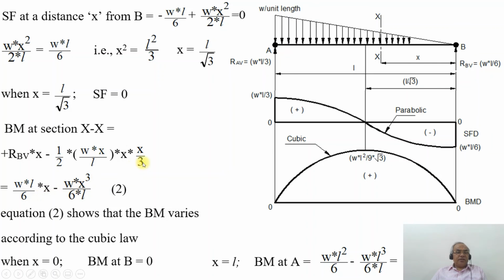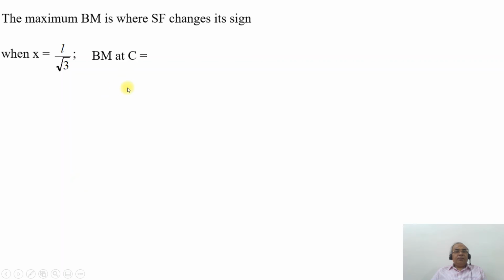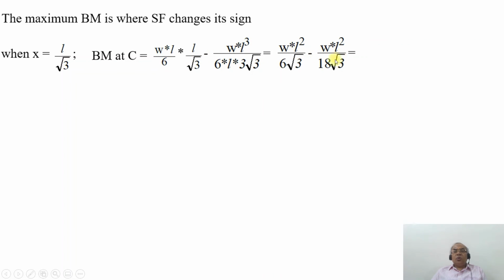So in this equation, you are going to get WL square by 6 root 3 minus WL square by 18 root 3. On simplification, I am going to get WL square by 9 root 3.